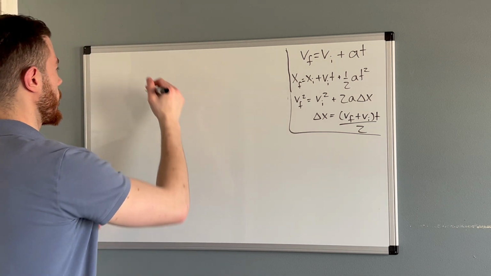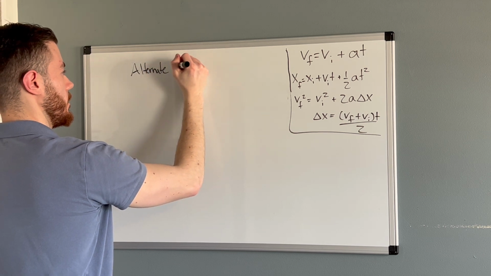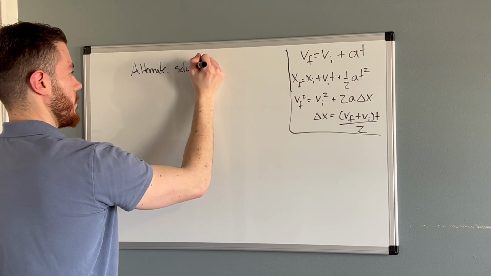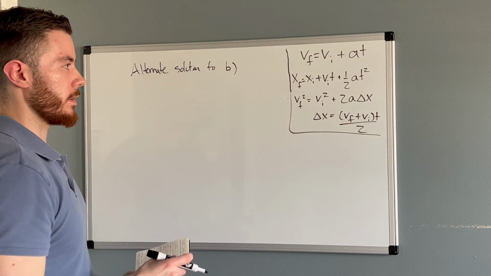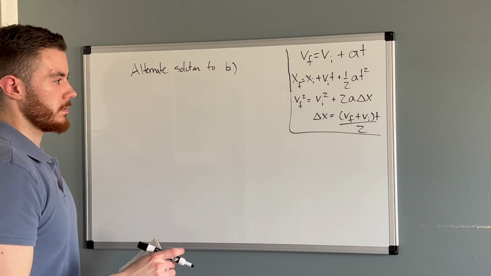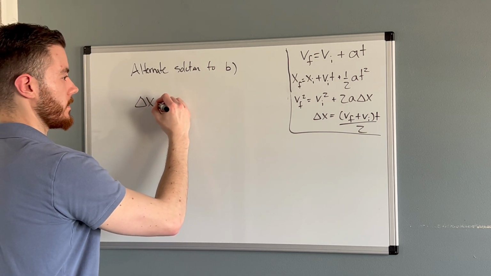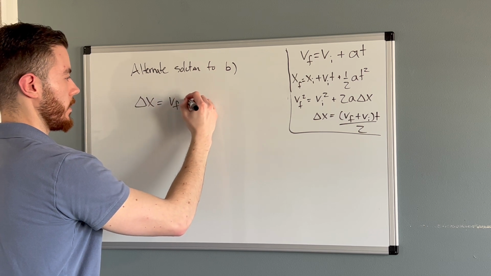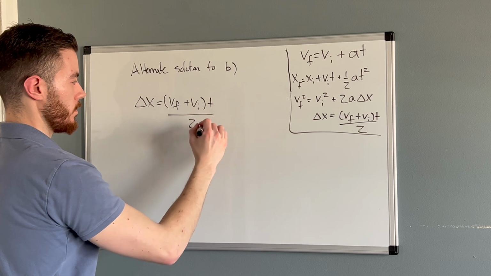So, an alternate solution to part B. We could have used equation 4, delta x equals (vf plus vi) t over 2.